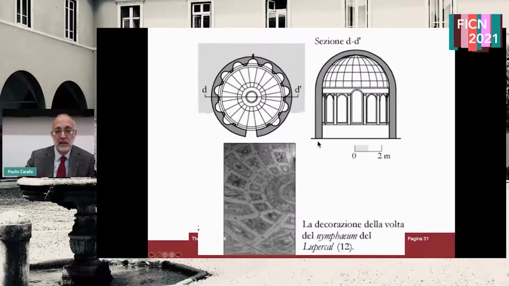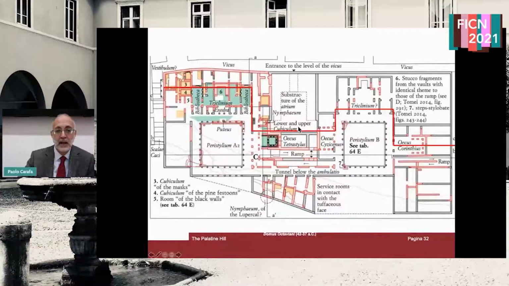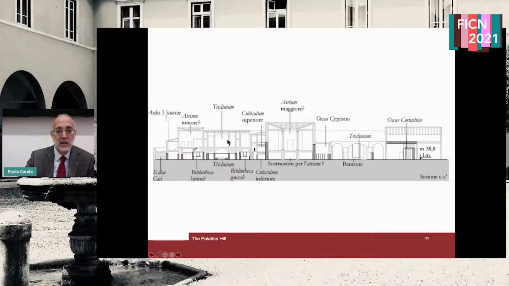This is the subterranean chamber, and a second section, once again, to show the first peristyle and the second peristyle. All we see today is the underground floor of a house resting on top of that.